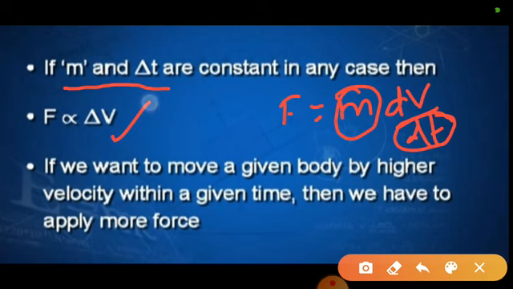You have the equation that force is directly proportional to change in velocity. It means if you apply more force, there is more change in velocity, whether you are accelerating the object or retarding it. It means in a given time, to move a body with higher velocity, you have to apply more force.